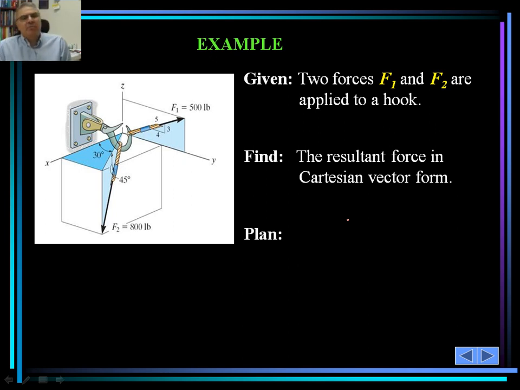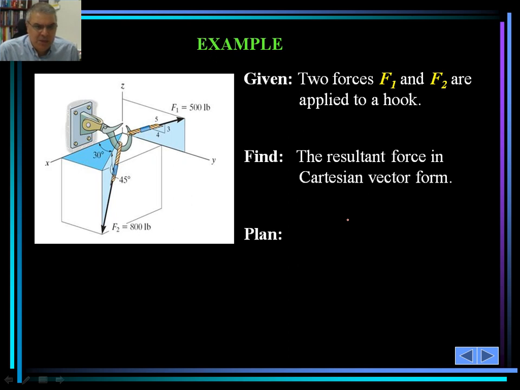Here's an example. There are two forces, F1 and F2, applied to a hook as shown. So this hook is attached to a wall or some other members, and there are two cables. The internal forces are F1 and F2. One is 500 pounds, the other one is 800 pounds.